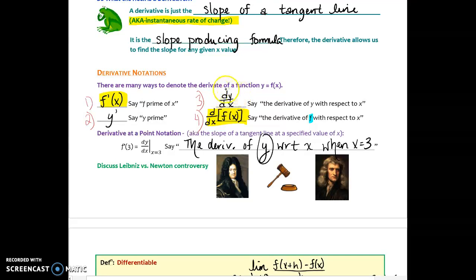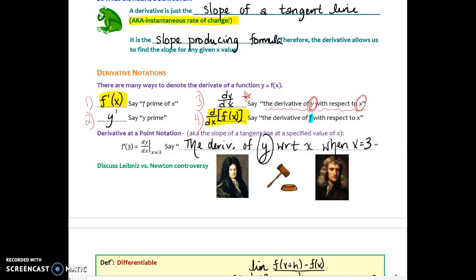This notation is the best notation because it tells you that you're taking the derivative of the function y with respect to x. So this notation tells you not only what the original function is, but it tells you you're taking the derivative with respect to x. In other words, y is a function of x; x is the independent variable, y is the dependent variable. So number 3 is the best notation.